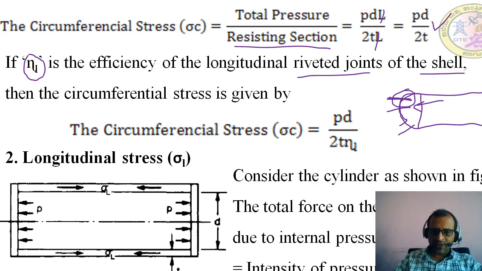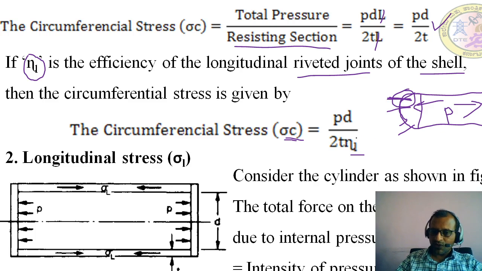So the circumferential stress is PD by 2T. Remember, here it is sigma C, circumferential, but here you have to take the longitudinal, opposite. If it is circumferential, the longitudinal rivet efficiency is considered at the bottom. This is because, as I have explained in this figure, when the internal pressure P is acting along circumferential, for the rivet it is acting along longitudinal, right?